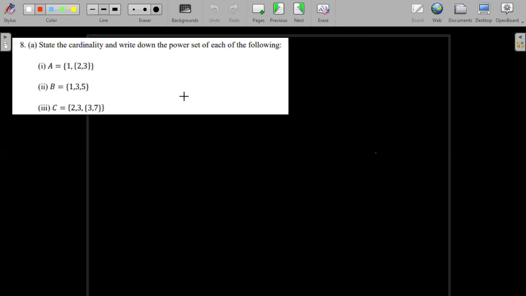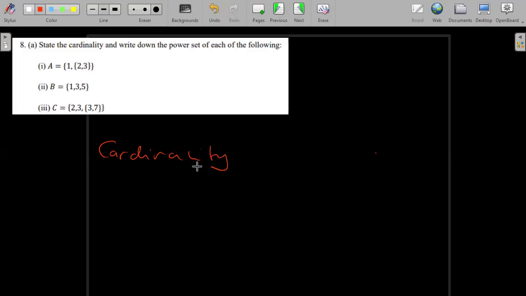Let's continue and state the cardinality and write down the power set of each of the following sets. First of all, you have to understand what cardinality is.